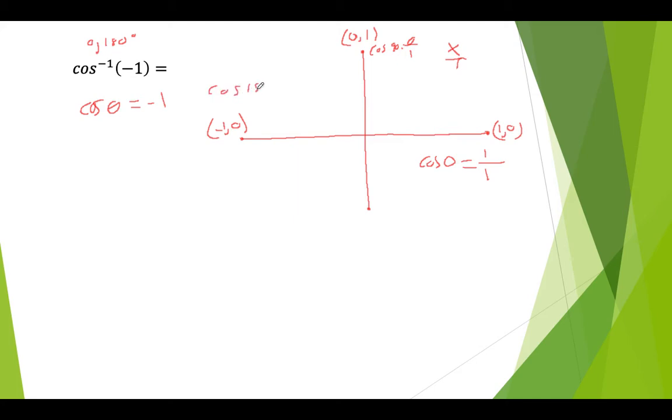Cosine at 180 would equal -1 over 1, which equals -1. Ding, ding, ding, that's what we wanted. So cosine inverse of -1 equals the angle measure, 180 degrees.